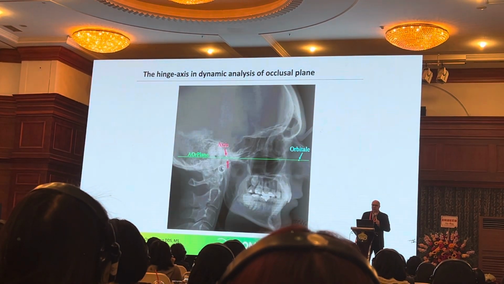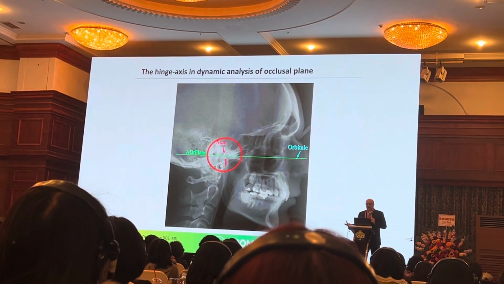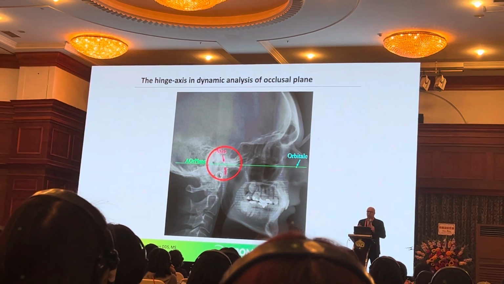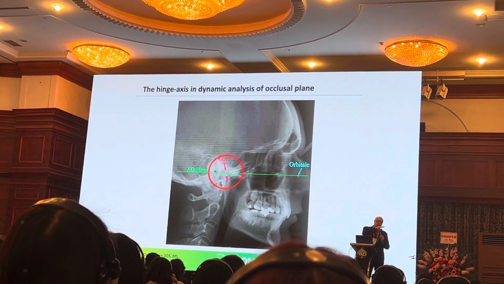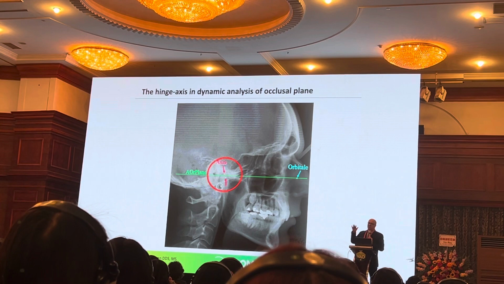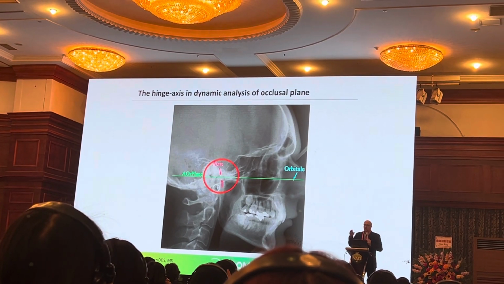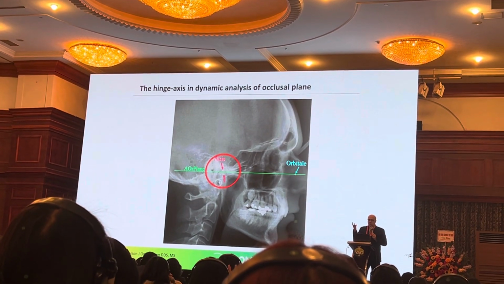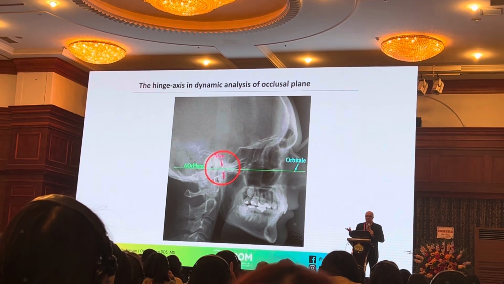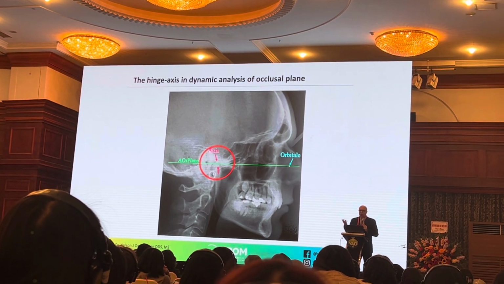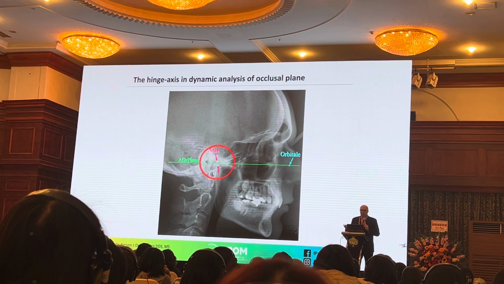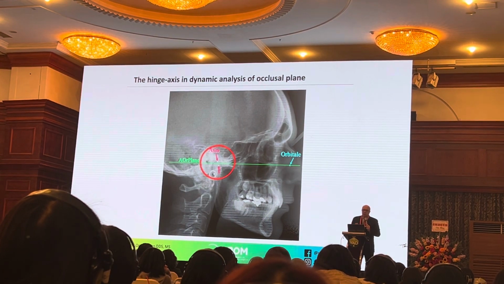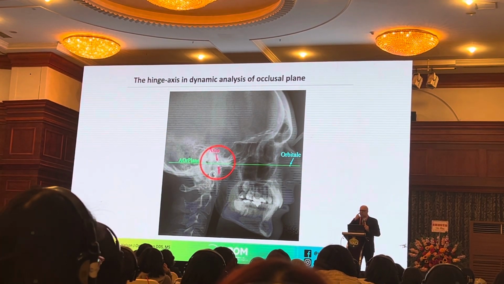So after that, I can take X-rays and use this coordinate system to also superimpose the X-ray in the same plane. So I have the articulator and the X-ray superimposed on the same reference plane, which is now hinge axis and orbital.